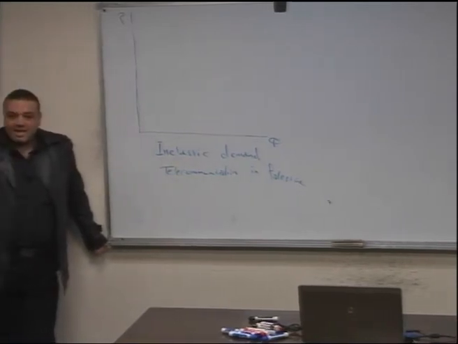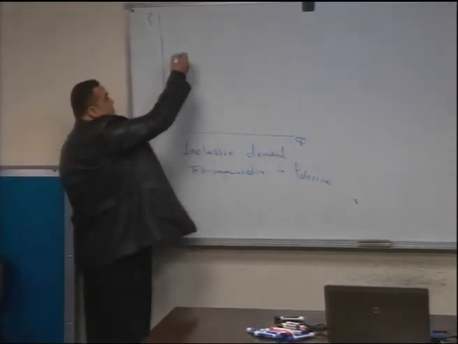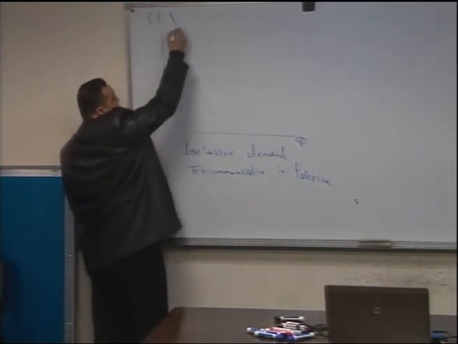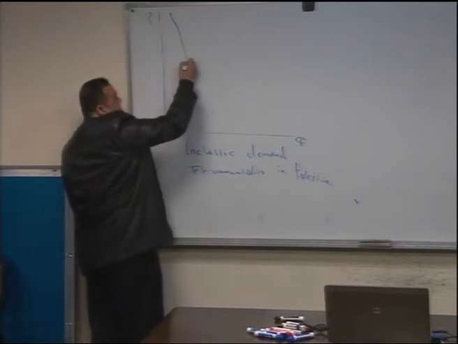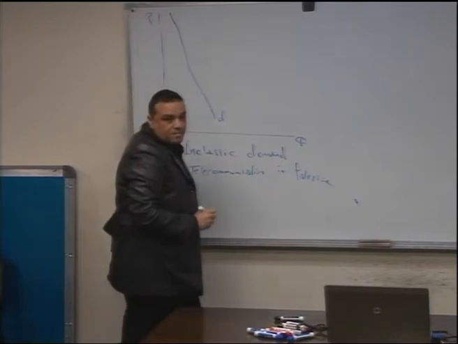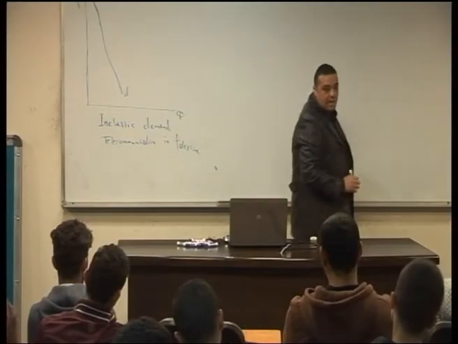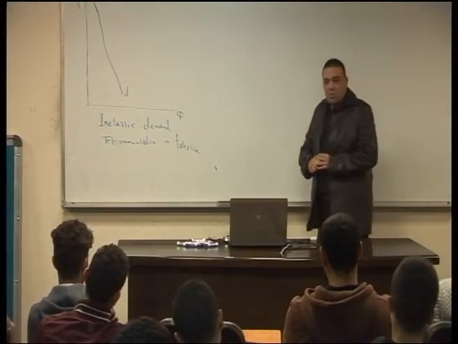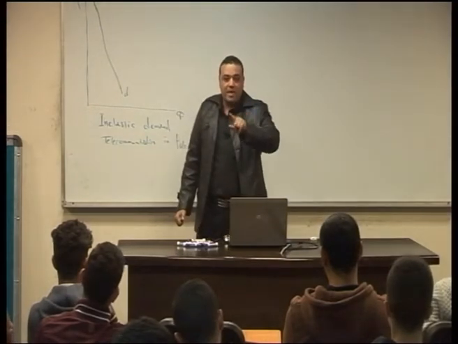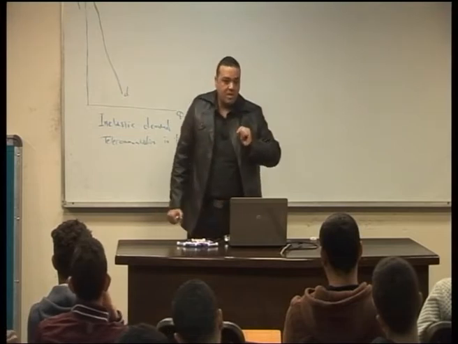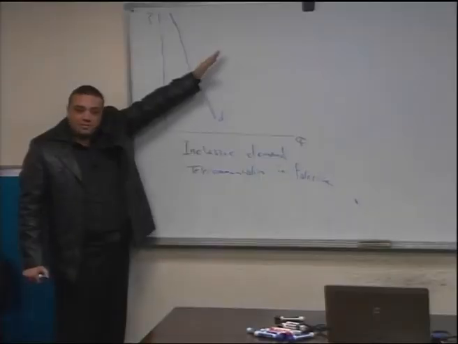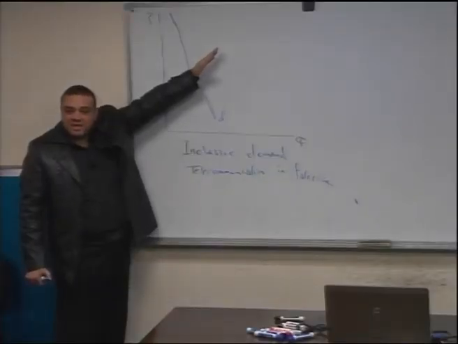When demand is inelastic, the demand curve will be close to the vertical axis. This is the demand curve. When we want to study the effect of taxes on the products with inelastic demand, we will deal with the supply curve as neutral or unitary elastic.